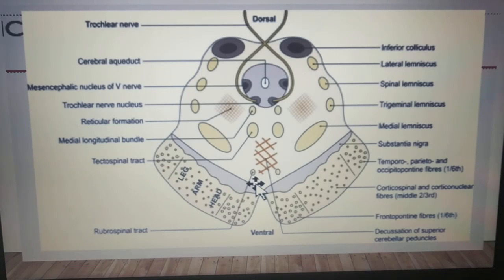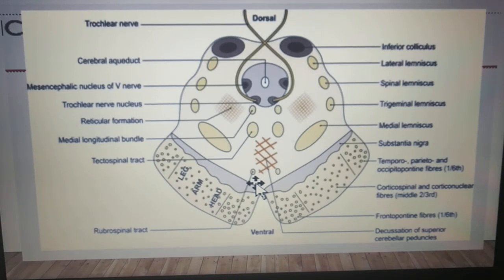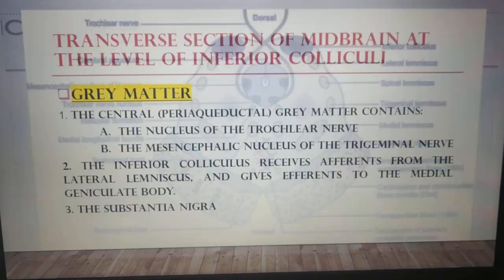Rubro means from the red nucleus, so the rubrospinal tract runs from the red nucleus to the spinal cord. This tract is concerned with motor action. Then there is the reticular formation seen on either side of the periaqueductal region. So these are all the white and the grey matter content at the level of the inferior colliculus.